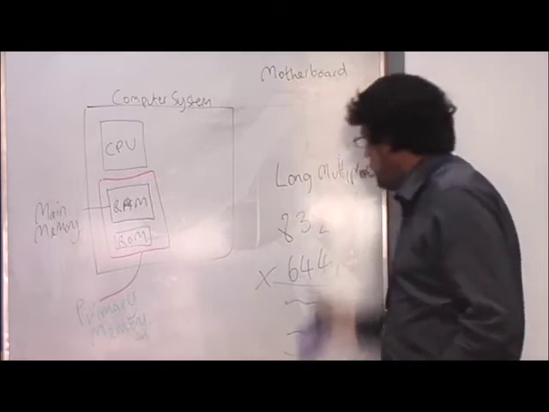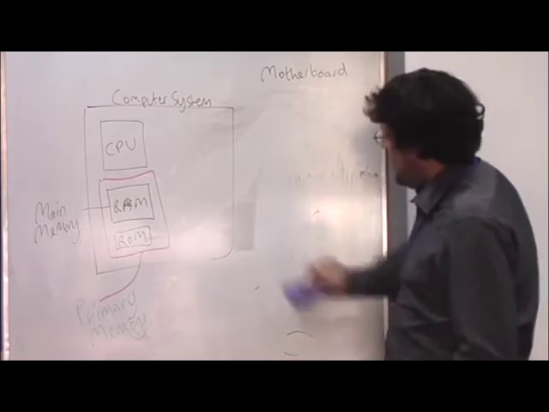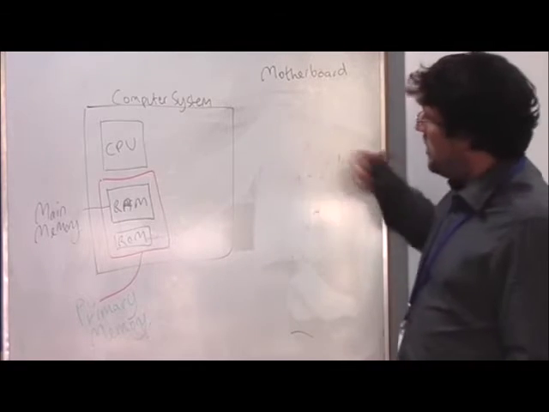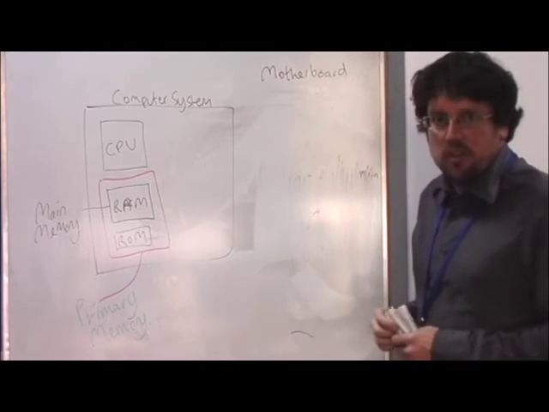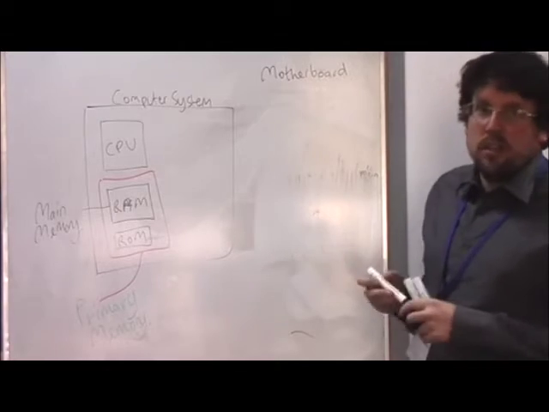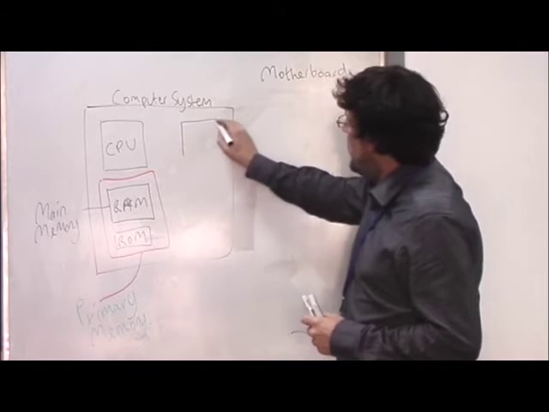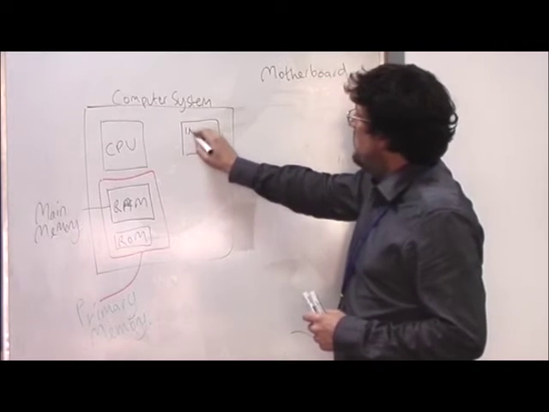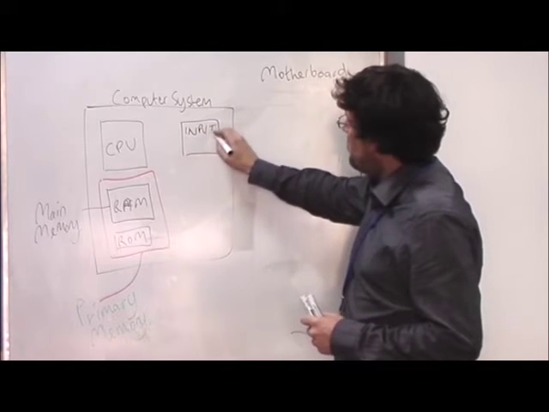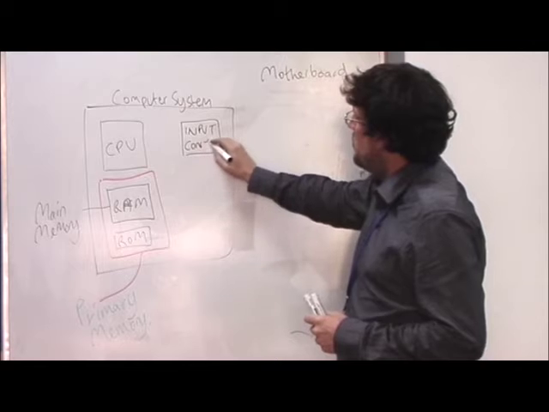So, for example, we would be missing some way to interact with the device. Okay, so one way that we interact with the device is by inputting data into it. So what other thing we find on the motherboard again is an input controller. Okay, so this is my input controller.